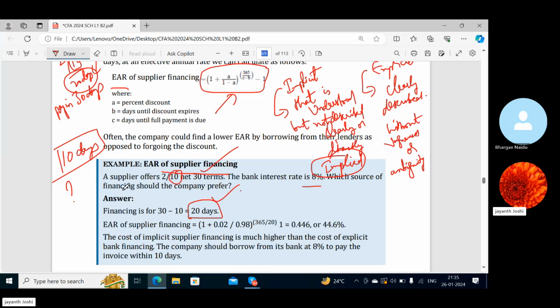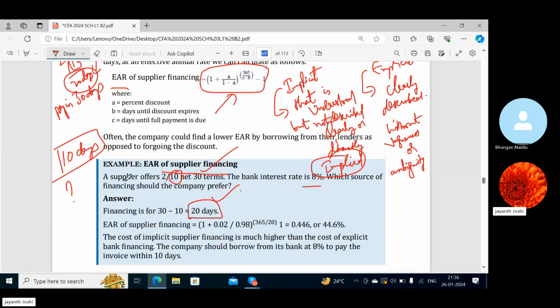Yes, sir. See, you can make the payment in 10 days. You have the option. If you are making the payment in 10 days, then definitely you will not be taking the finance for that time, because there is no pressure on you to make the payment.